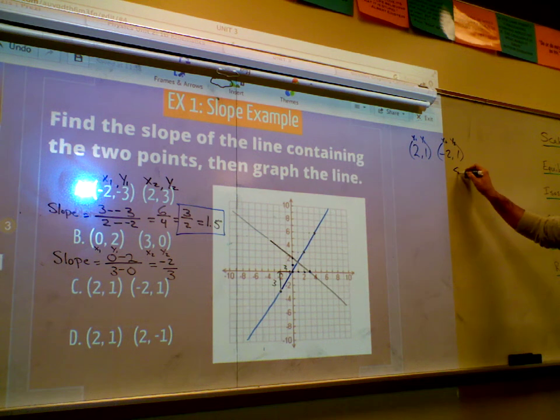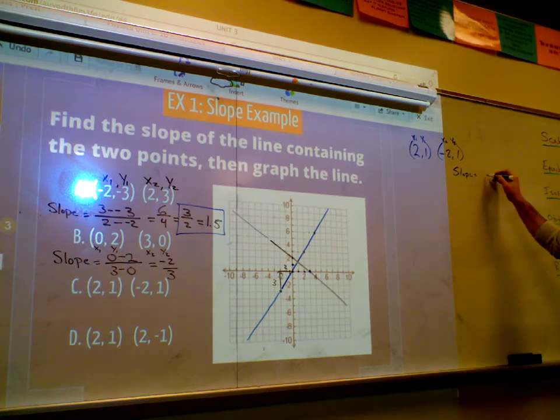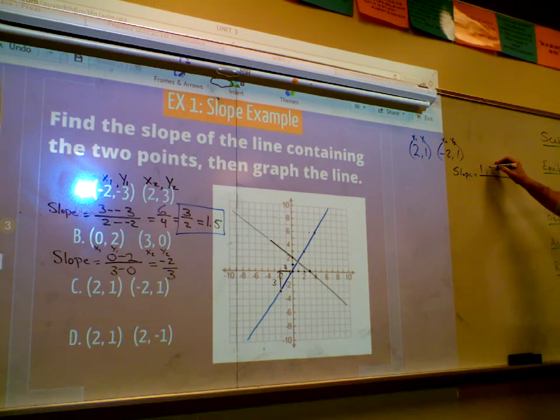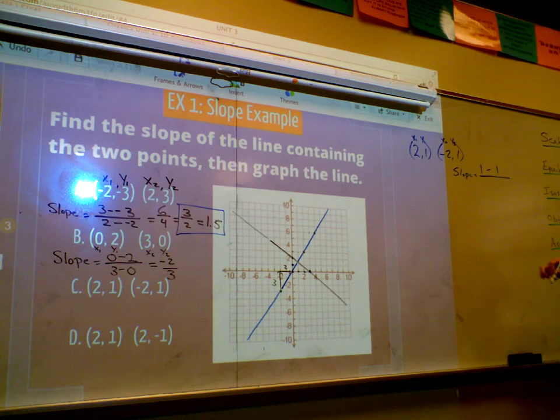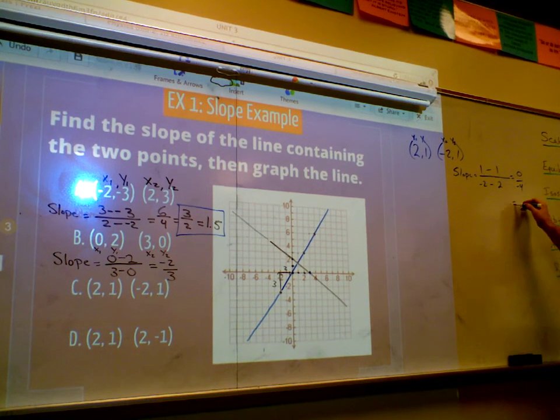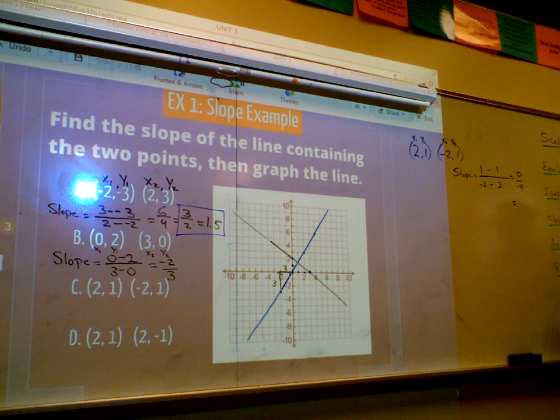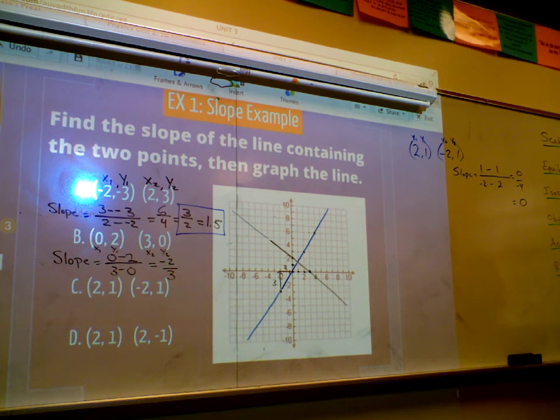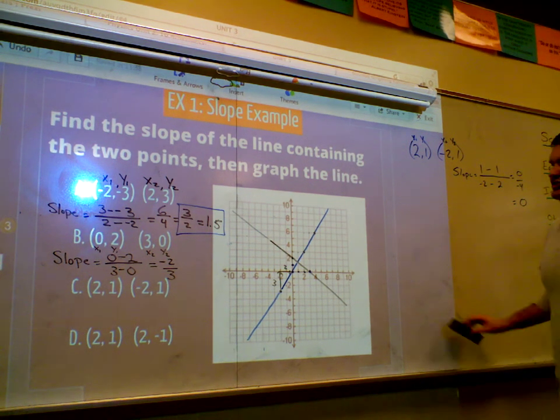So my slope is y2 minus y1 over x2 minus x1. We end up with 0 over -4. 0 over -4 reduces to 0.